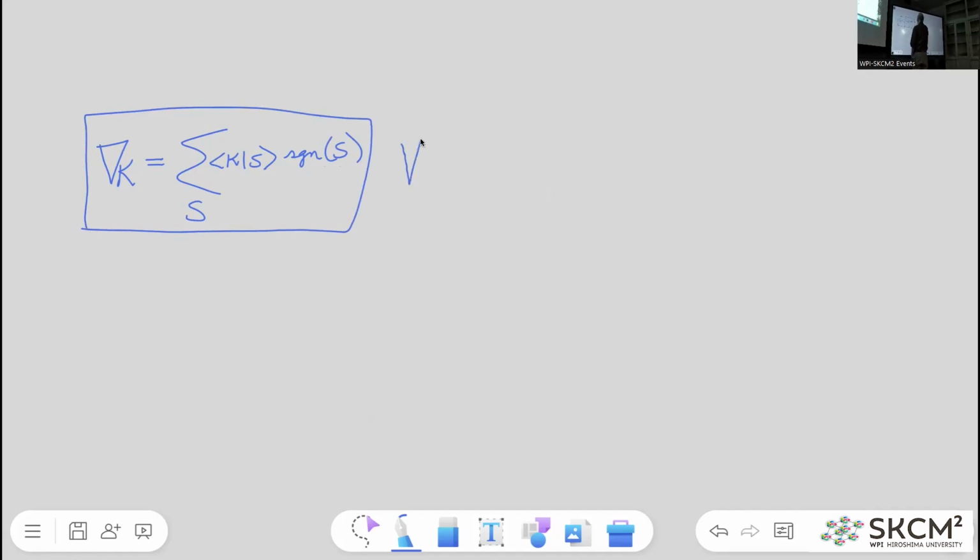I could say, well, if you have a crossing, then I'm going to get S times, and now I'm going to write a marker here, and this means sum only over states with a marker like this.